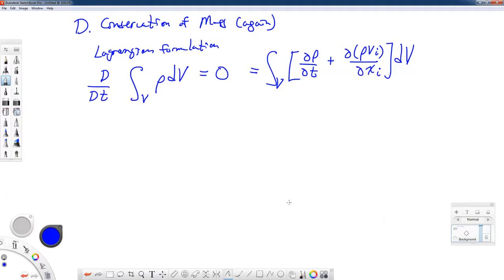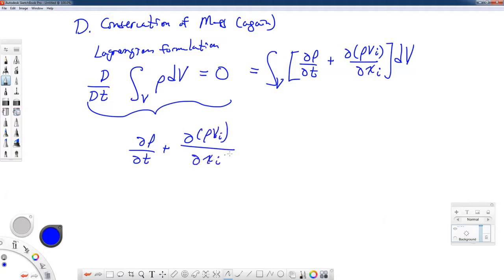And since we have an arbitrary control volume, then the integrand has to be 0 if that whole integral is equal to 0. And out of this very simple idea of the conservation of mass from the Lagrangian point of view, using the Reynolds Transport Theorem, what we have is the partial derivative of density with respect to time plus the partial derivative of rho vi with respect to xi equal to 0. We have the Eulerian continuity equation.